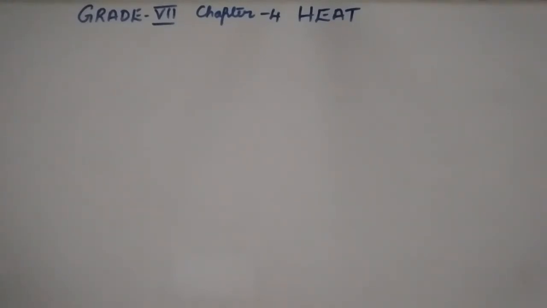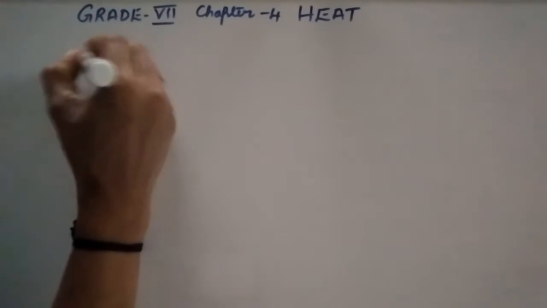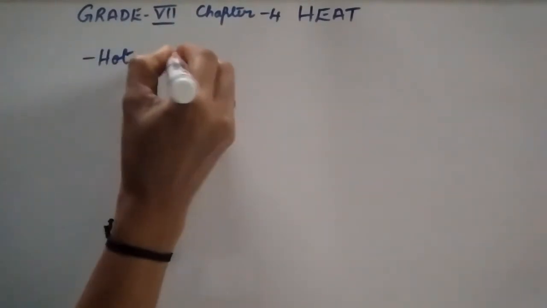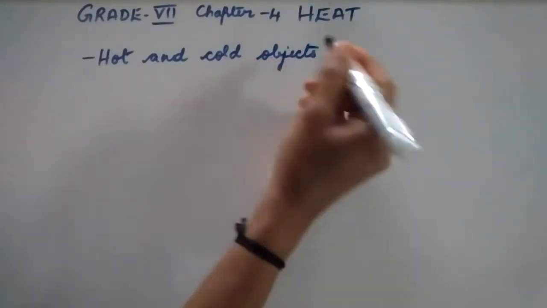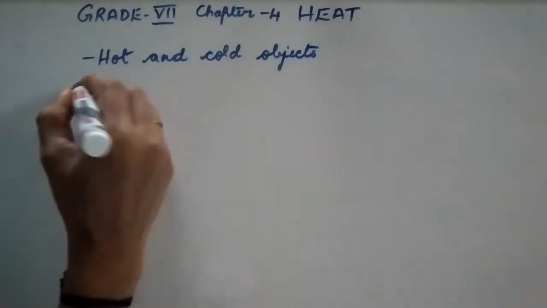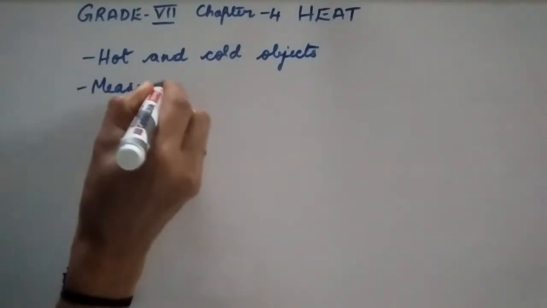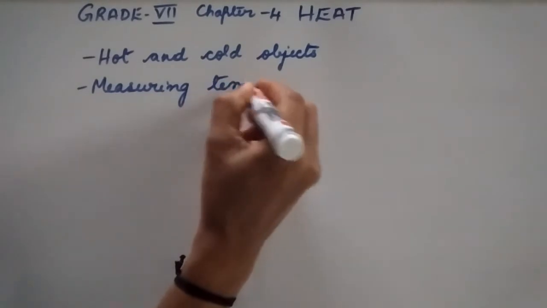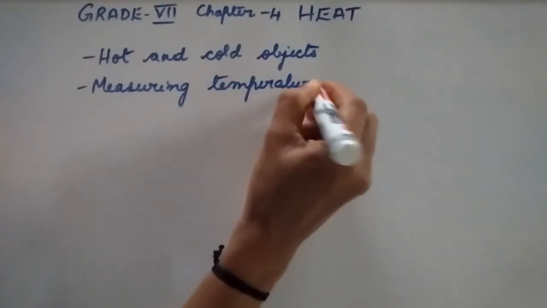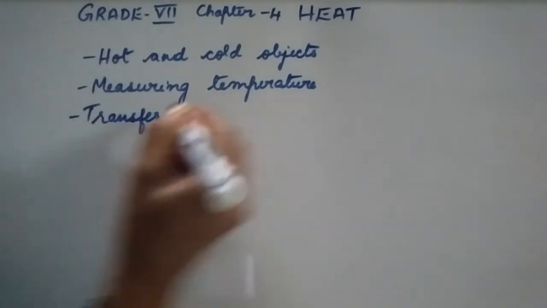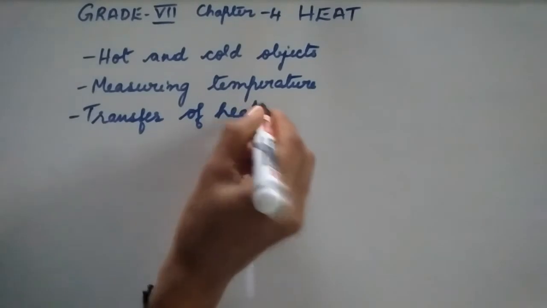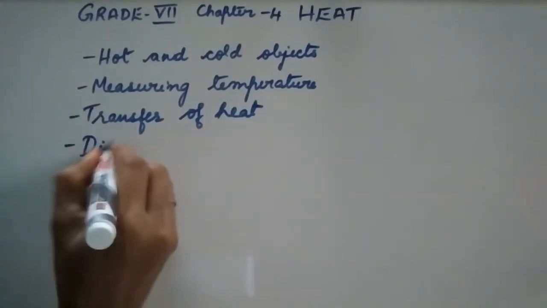Good day, students. This is science class for grade 7, chapter 4, heat. In this chapter, we will learn about hot and cold objects, measuring temperature, transfer of heat, different modes of heat transfer.